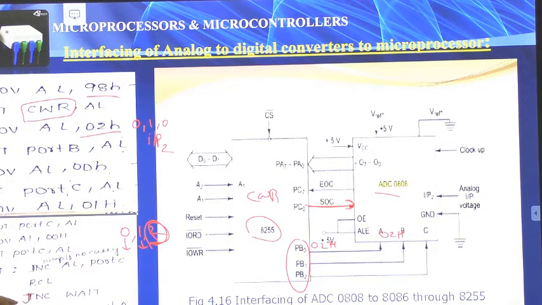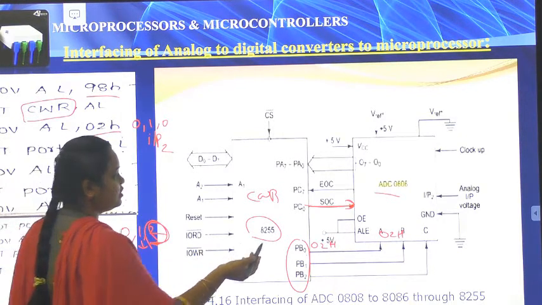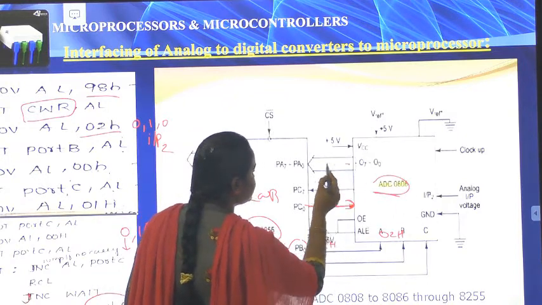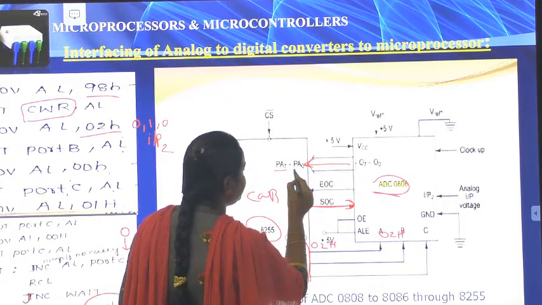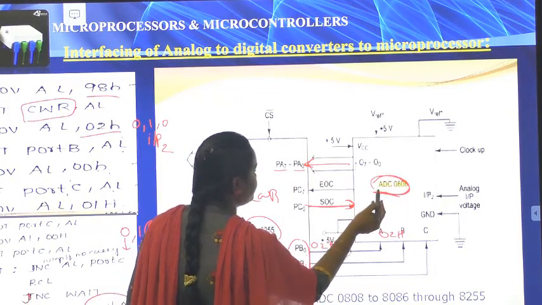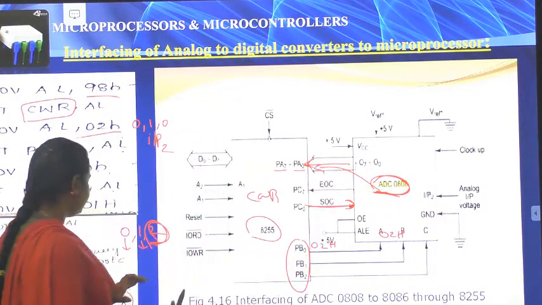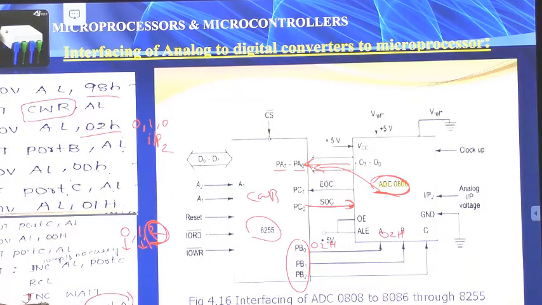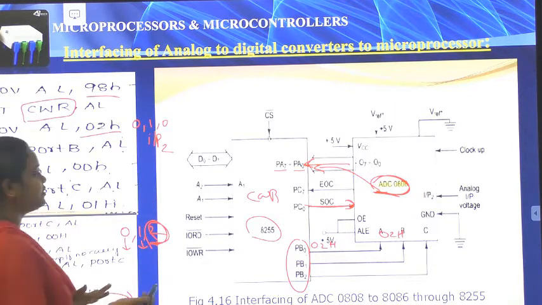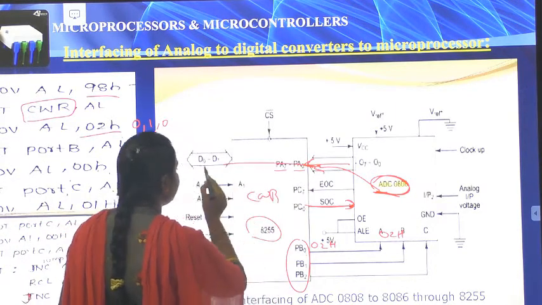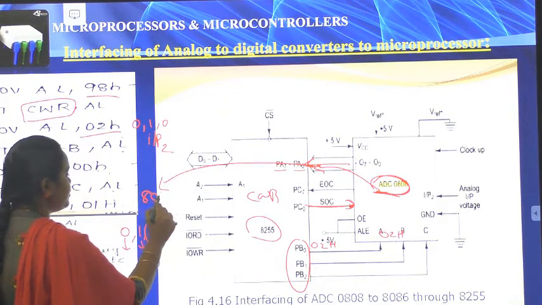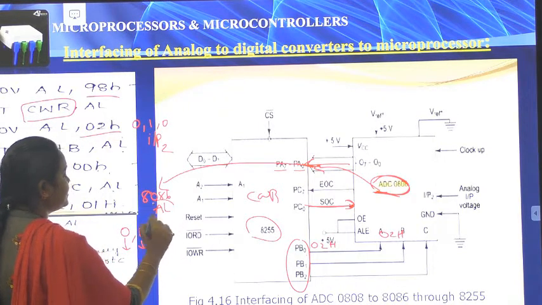That means port A is taking the output from the ADC. Port A7, port A now. Port A is taking the information from the ADC, and port A is giving the information to the 8086 microprocessor, which has the AL register.